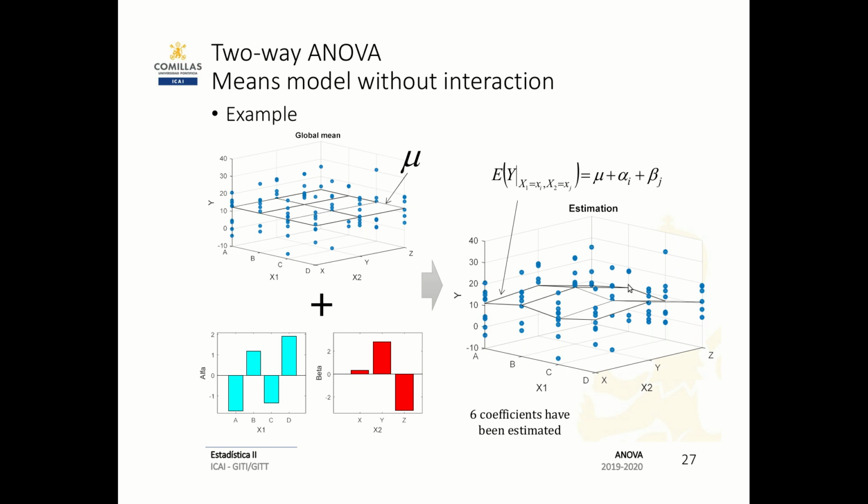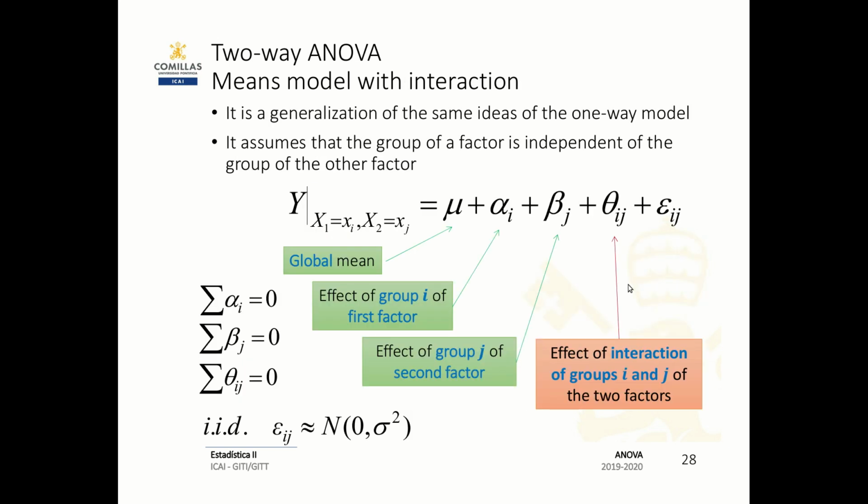Then we can further complicate the model by introducing something that are called the interactions. So that is combinations of or observations of y that cannot be explained alone by alpha and beta.